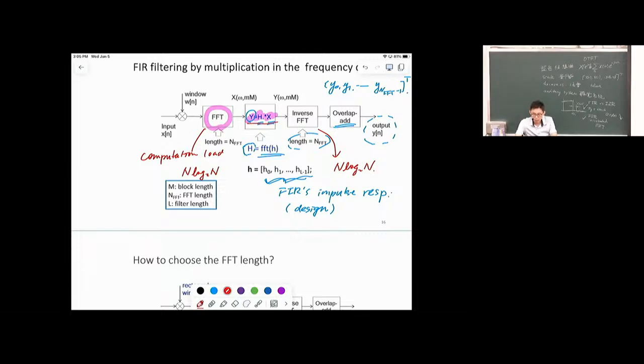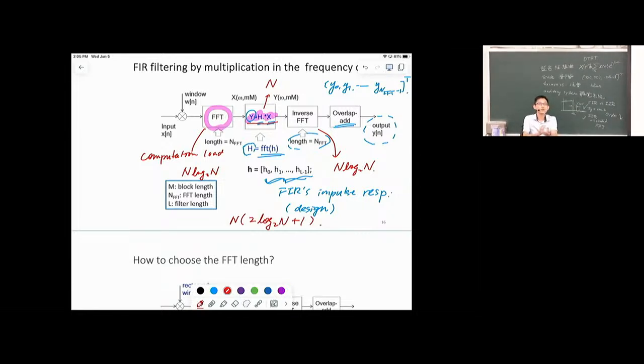And how about here? Please do not forget that for every frequency sample, there needs to be a multiplication of our input spectrum with the impulse response spectrum, right? So here is frequency-wise multiplication, and we have n multiplications. So the total number for processing one block might be n times (2 log 2 n plus 1), something like that.